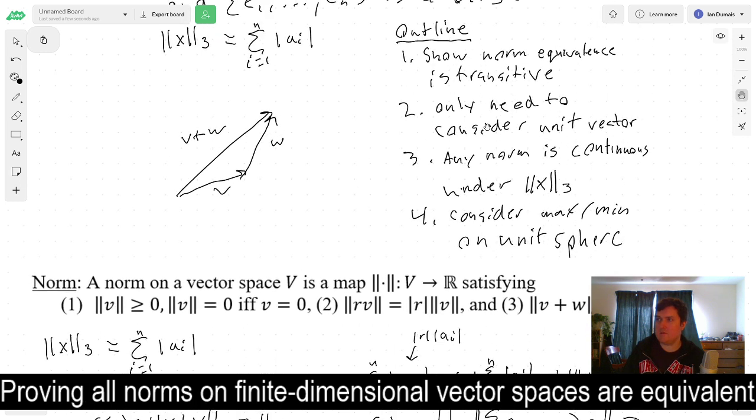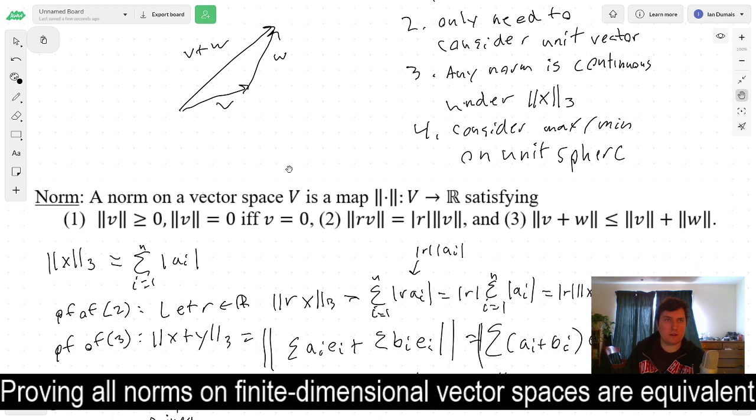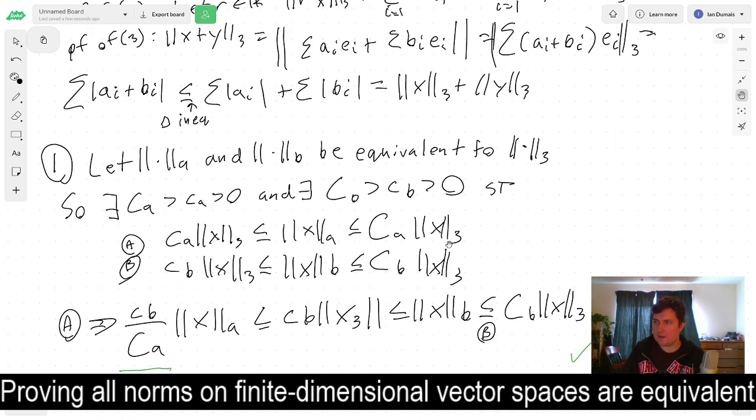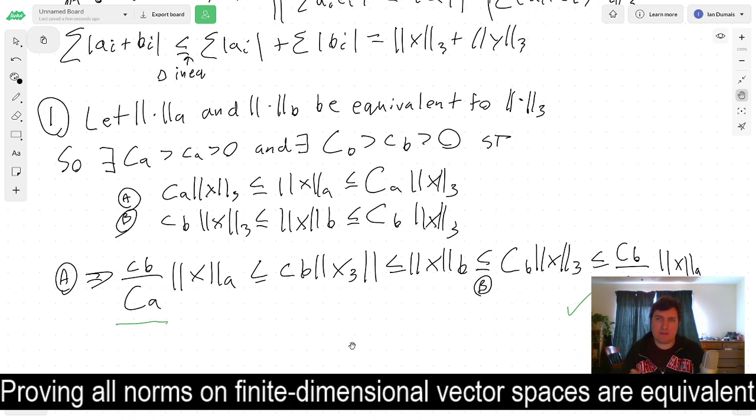Step 2 is to prove that we only need to consider the unit vector. But before I do, notice this.